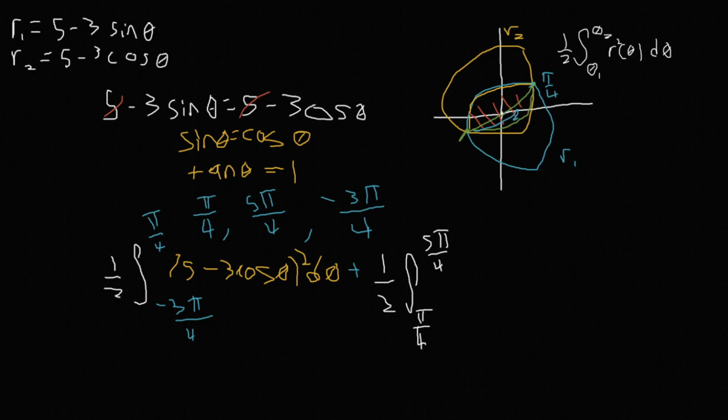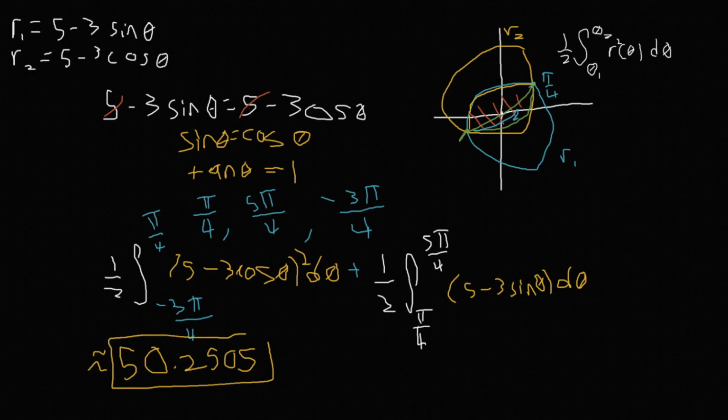So we're going to have the quantity 5 minus 3 sine theta, squared, d theta. And then if we enter these two integrals into the calculator and add them together, we get 50.2505. Thank you.